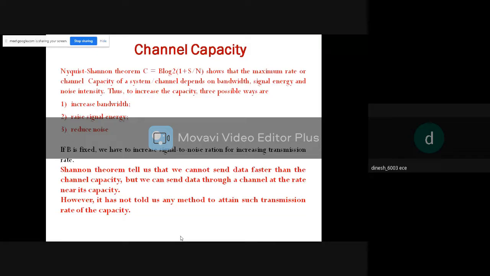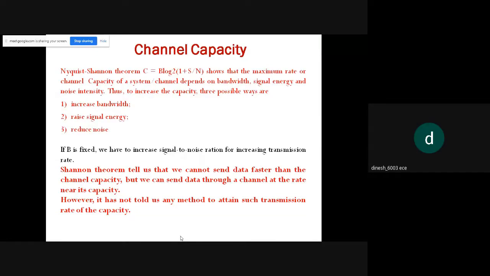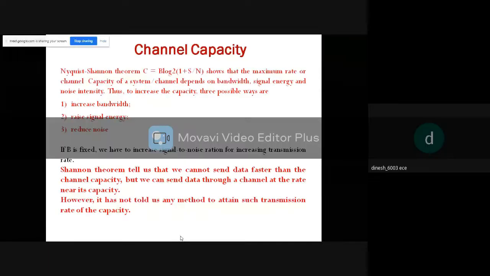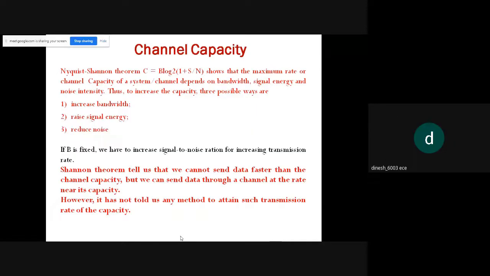So thus, to increase the capacity, three possible ways are there. One is to increase bandwidth, raise signal energy, reduce noise. If B is fixed, the bandwidth is fixed, we have to increase the signal to noise ratio for increasing transmission rate.